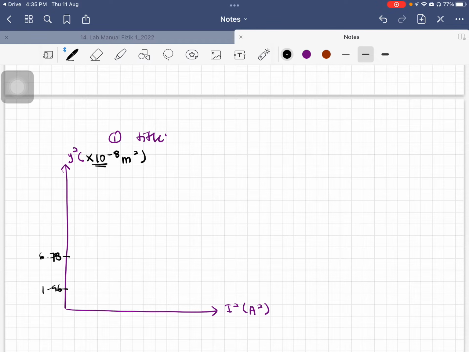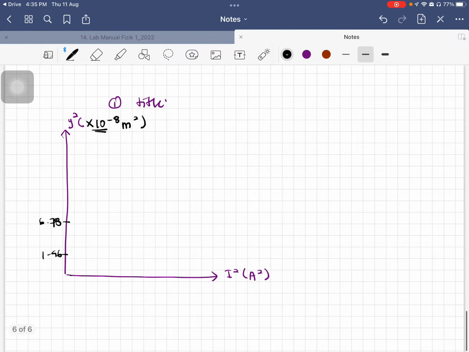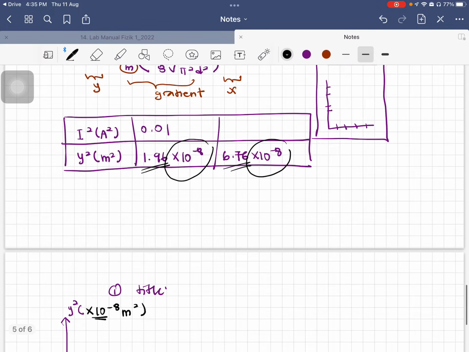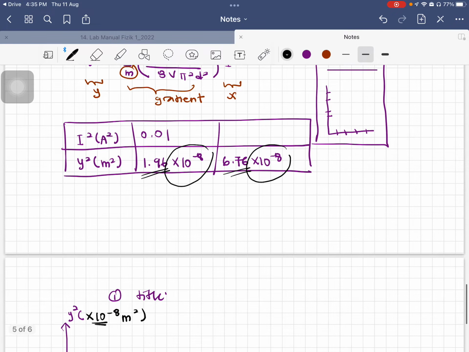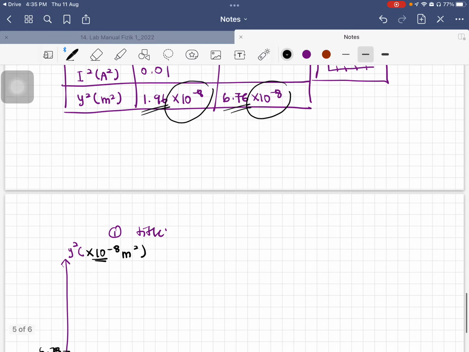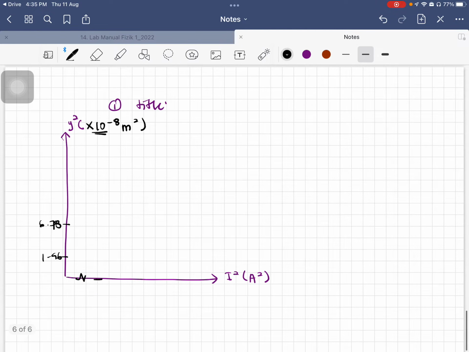For the x-axis, do you remember that we can cut off here? For example, you start from 0.01 and you will have a bigger one. You can cut it here or here.